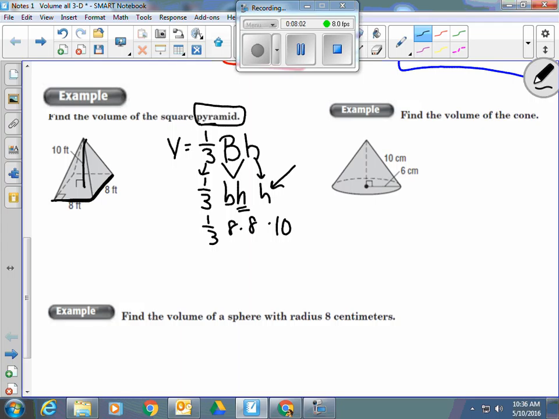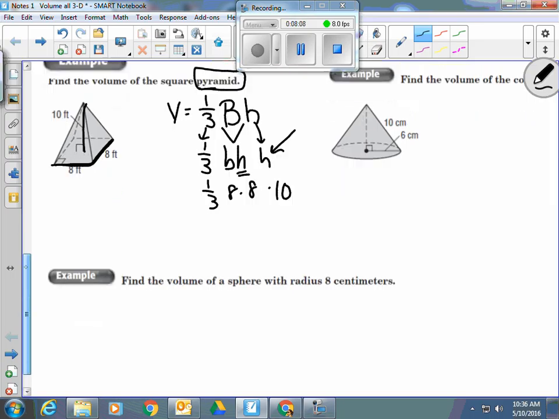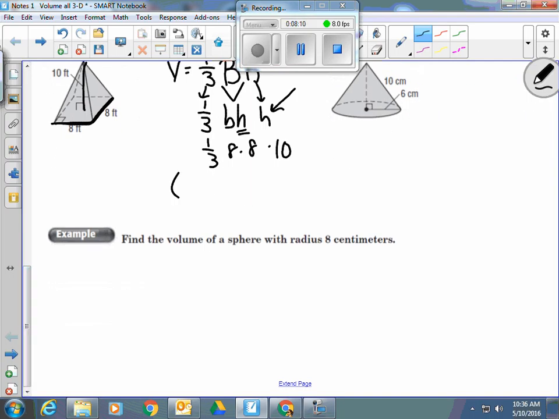Okay, a couple of things, because this is where some of you get stuck, is this 1/3 thing. It's ugly, correct? So you could type it in your calculator as parenthesis 1 divided by 3, close parenthesis, 8 times 8 times 10. Or you could do 8 times 8 times 10 divided by 3. But you really want to do all this in parentheses.